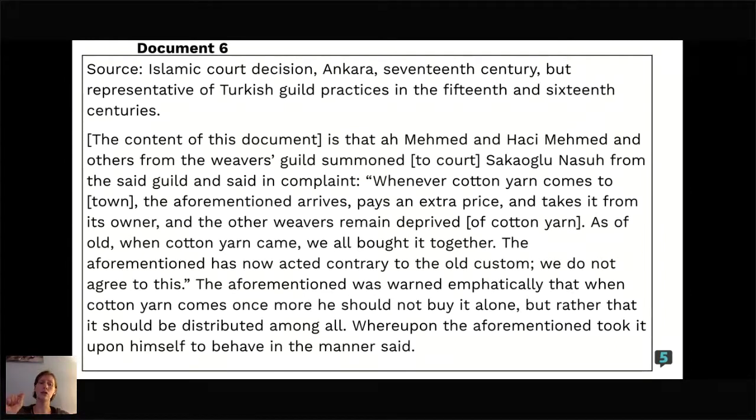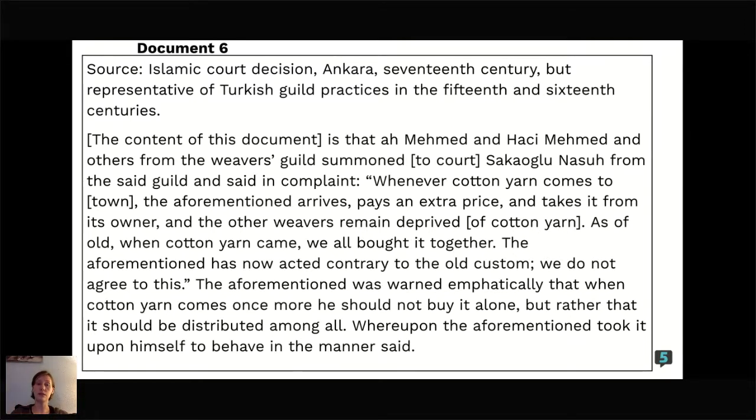We can acknowledge that this document is from a later time period than our prompt is asking about, but we are given the information that this is representative of practices and viewpoints common in the 1400s and 1500s, which are right within the range of our prompt.